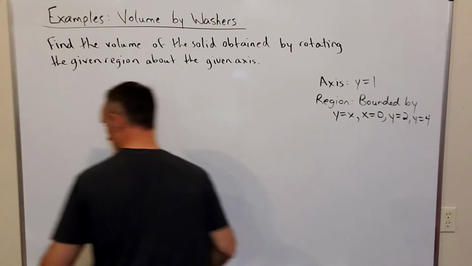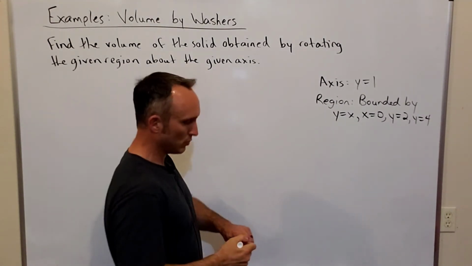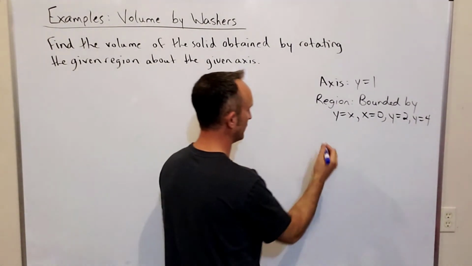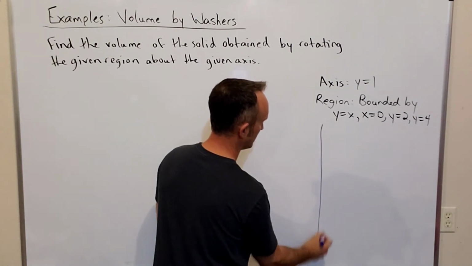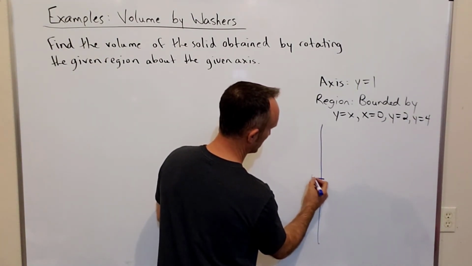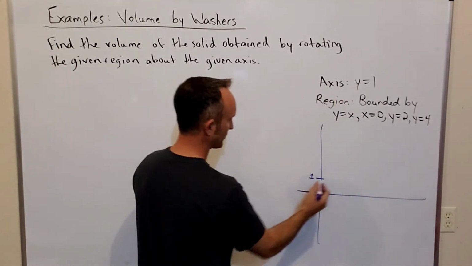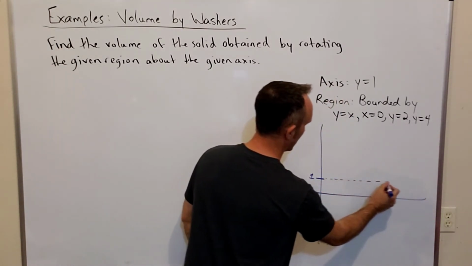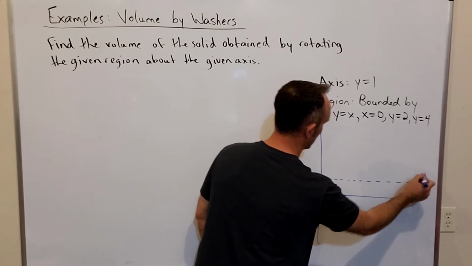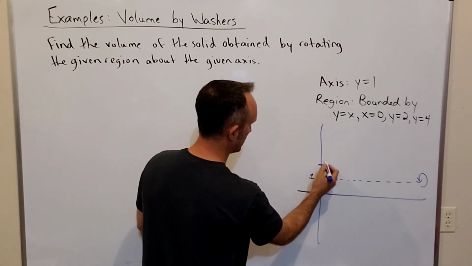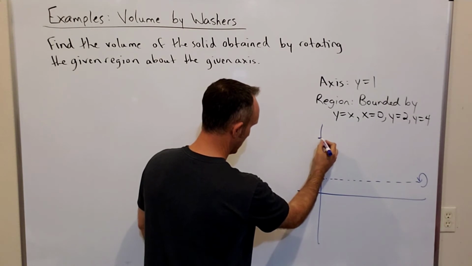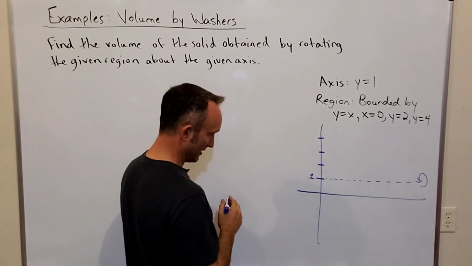Okay, so we're interested in that 2 and 4 area. If we look at this, our axis of rotation is at y equals 1. Here's our x-axis. We're rotating around this guy. And we've got 2, 3, 4. We know that those are boundaries.